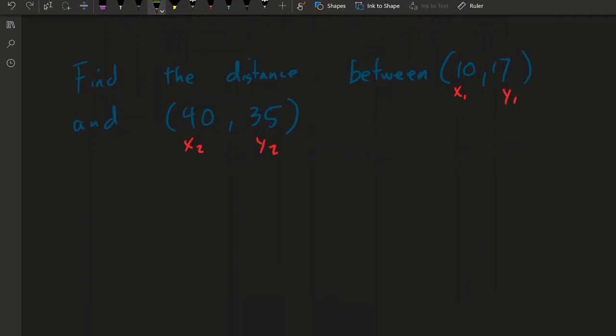Now I can say that the distance is equal to the square root of x2 minus x1 squared plus y2 minus y1 squared.